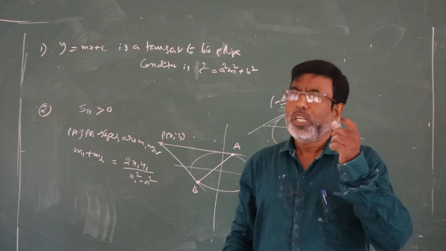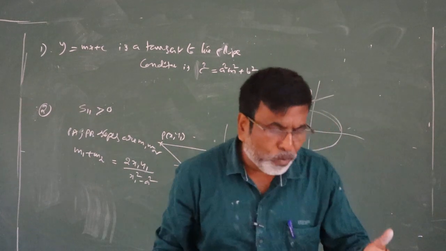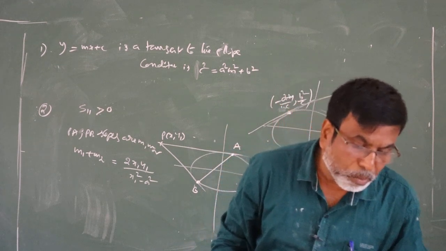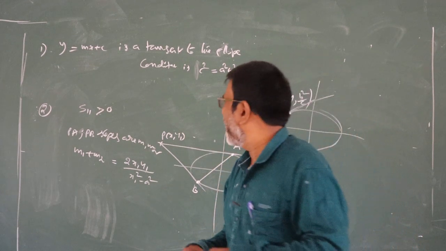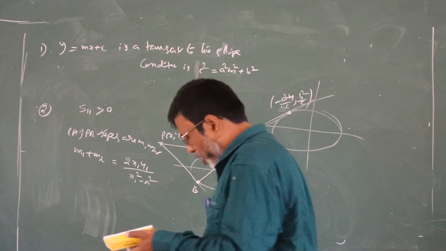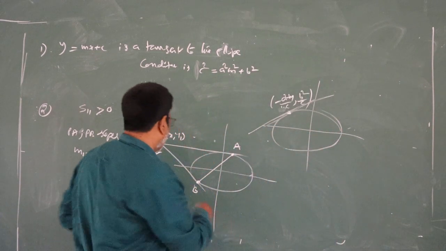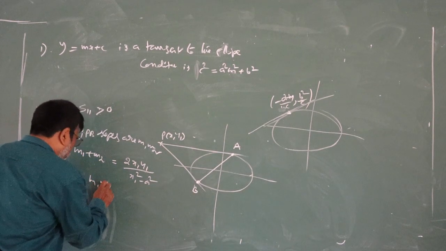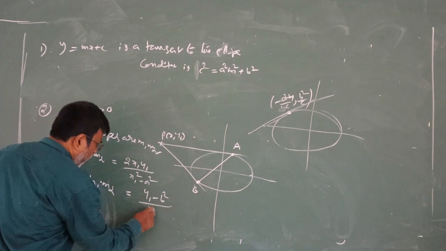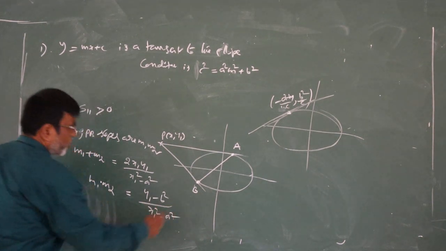Then the sum of the slopes, m1 plus m2, is nothing but 2x1y1 by x1 square minus a square. The product of the slopes, m1 into m2, equals y1 square minus b square by x1 square minus a square.